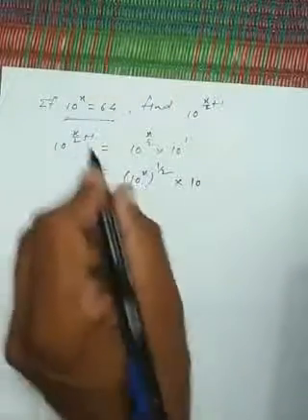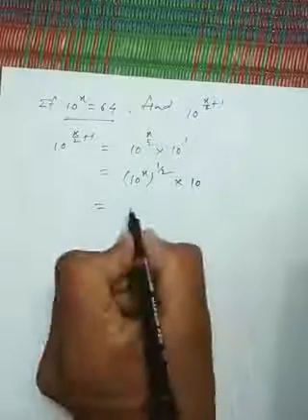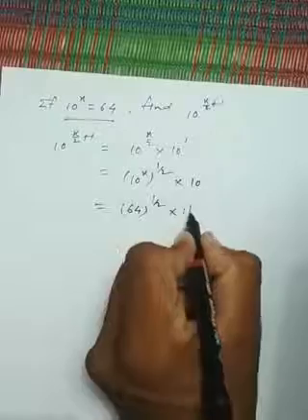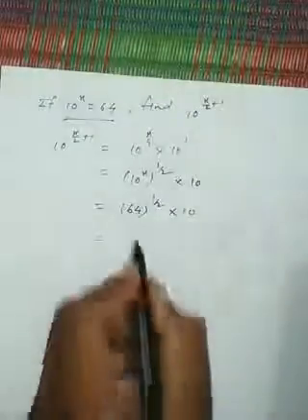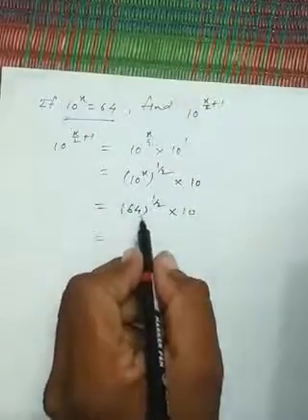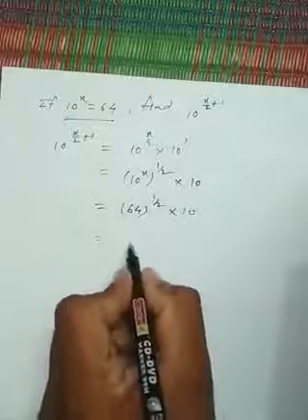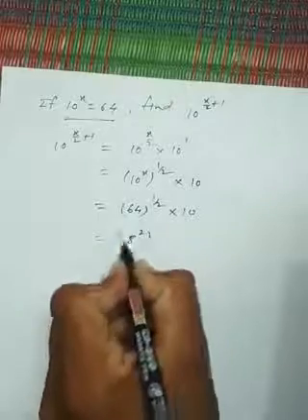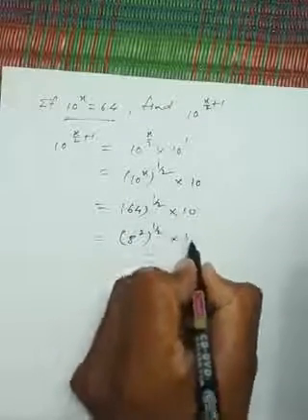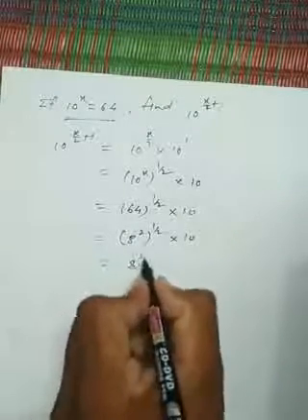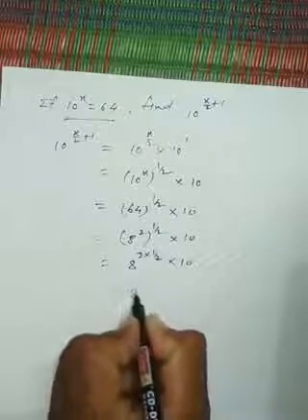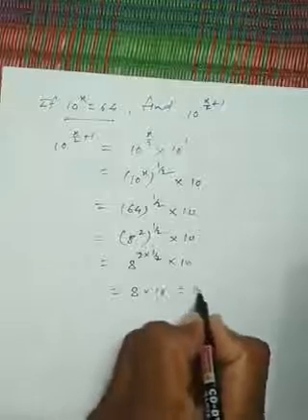Our given term is 10 to the power x equal to 64, so we can put 64 to the power half into 10. The factor of 64 is 8 into 8, so put 8 square, again power 1 by 2 into 10. And 8 to the power 2 into half, 2 and 2 cancel, and 8 into 10 is 80.